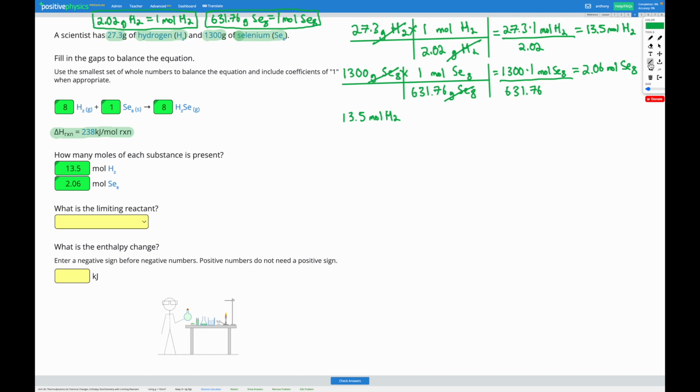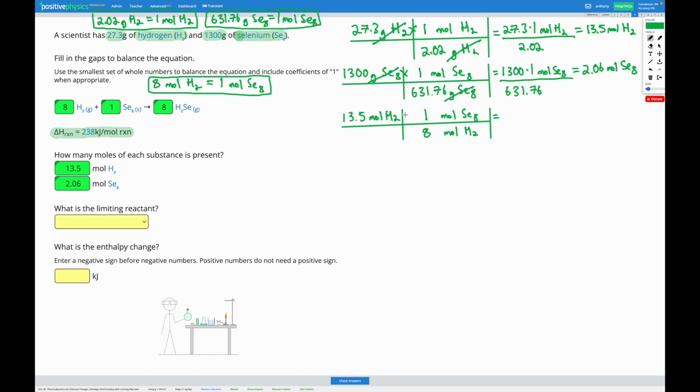Going to set up my dimensional analysis table. And I want to convert from moles of H2 into moles of Se8. So using my equation here, 8 moles of H2 combines fully with 1 mole of Se8. So that's going to be my conversion factor here. 8 moles of H2 goes with 1 mole of Se8.